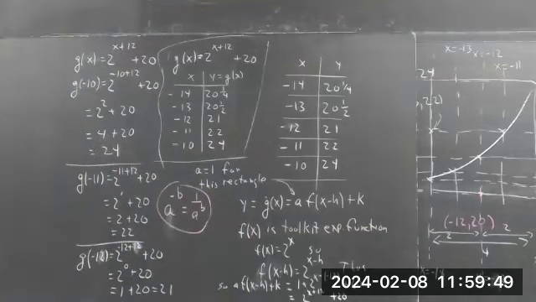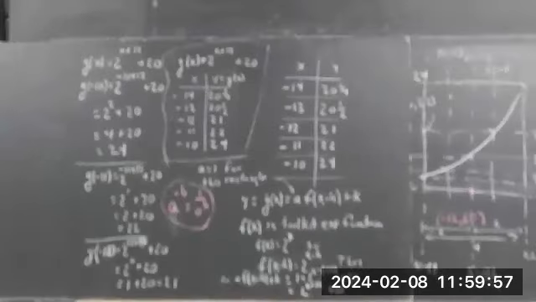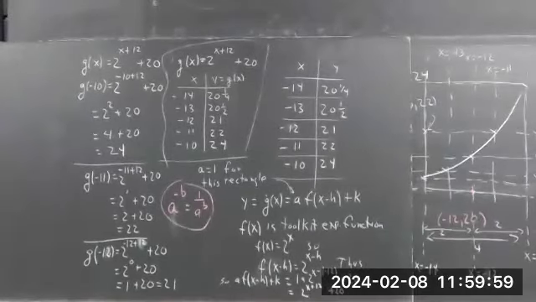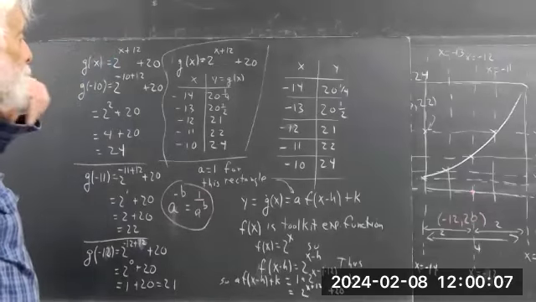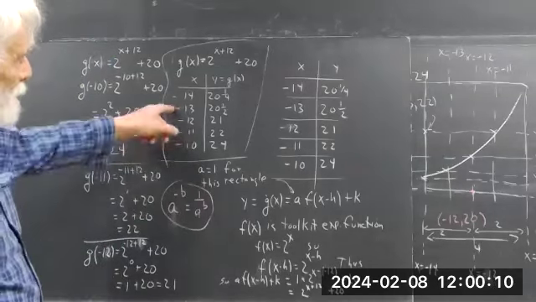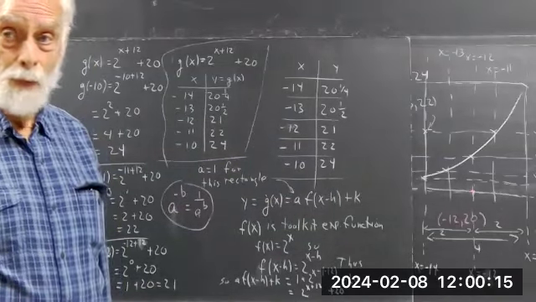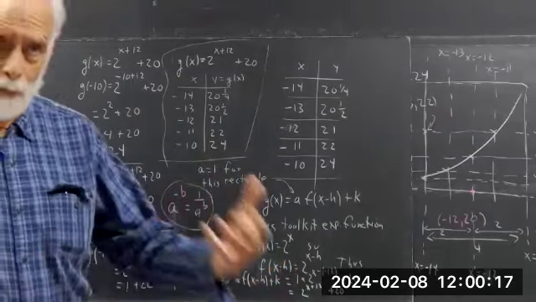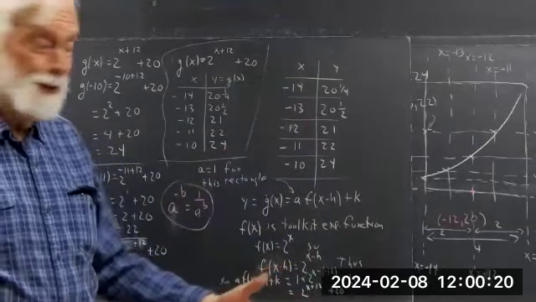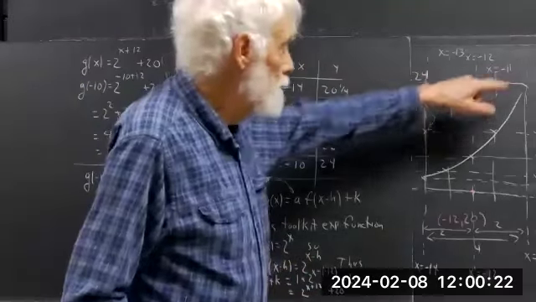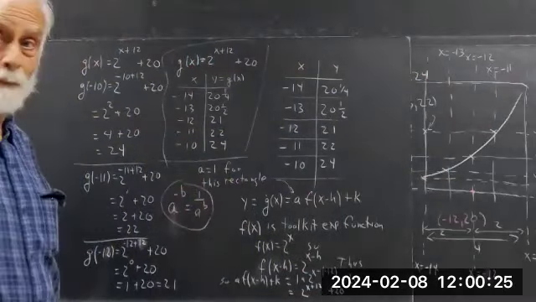Okay, so you should be reviewing. Now you notice that this table matches this table, which is what should convince you, as we've done since the second day of class, that this graph is represented by this function.